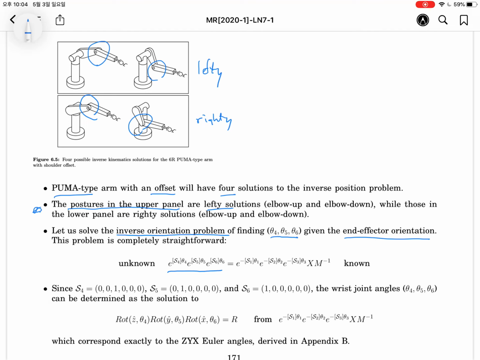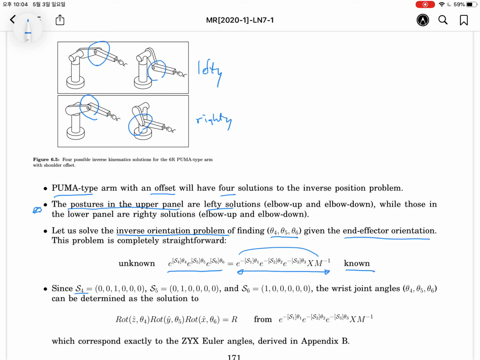Maybe the theta 4 through theta 6 terms will be unknown. After obtaining theta 1, theta 2 and theta 3 using the kinematics, we know the right term. This is known, so we can make the numerical value from the known variables.